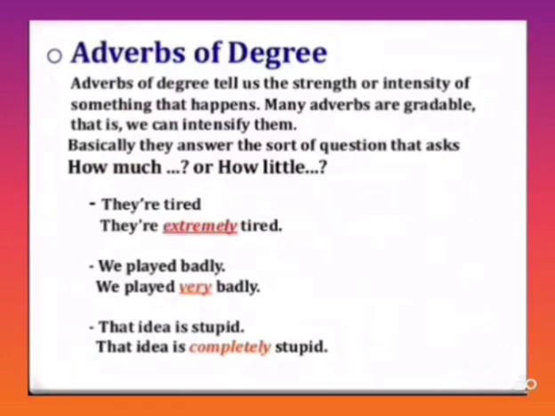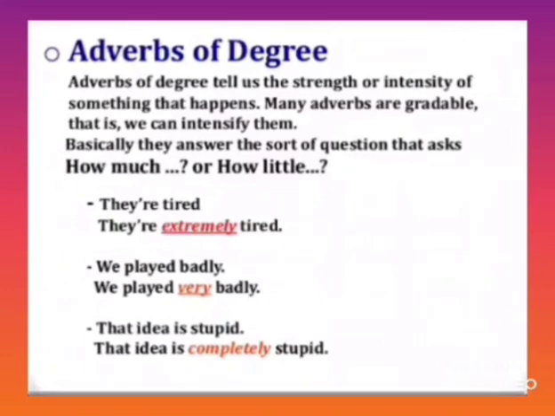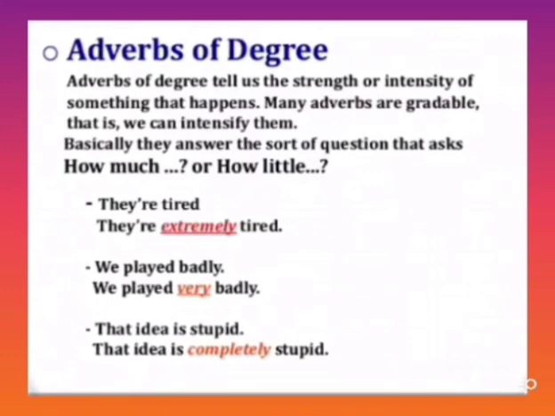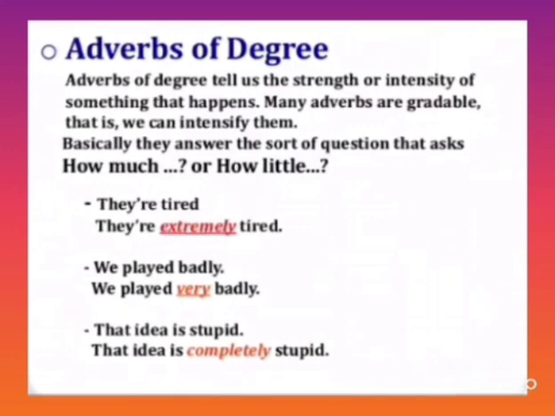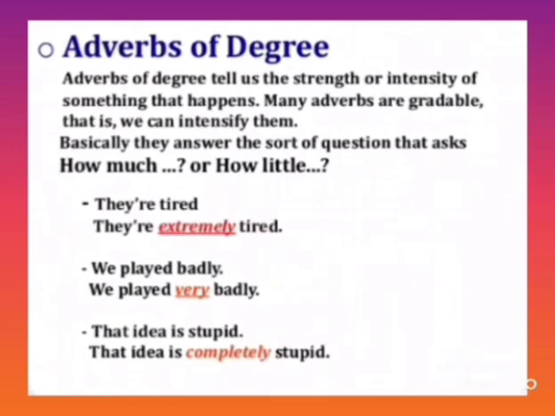Now adverbs of degree. Adverbs of degree tell us the strength or intensity of something that happens. So adverbs of degree tell us the strength or the intensity of an action. Many adverbs are gradable. That is, we can intensify them. Basically, they answer the sort of question that asks how much or how little. They are tired.